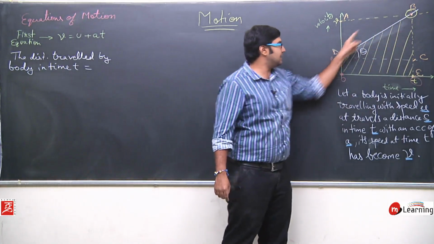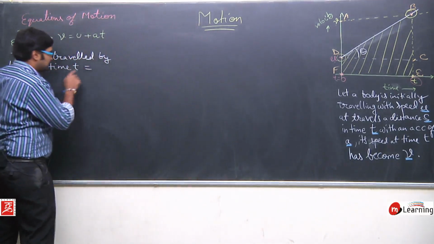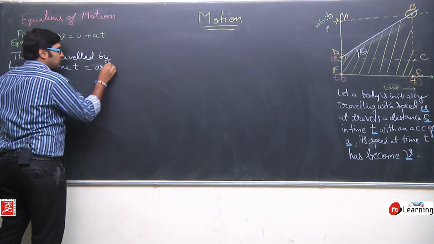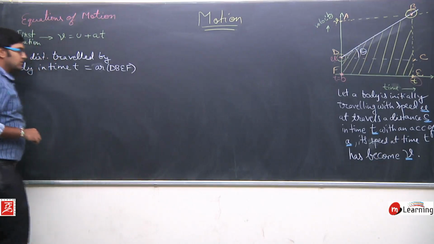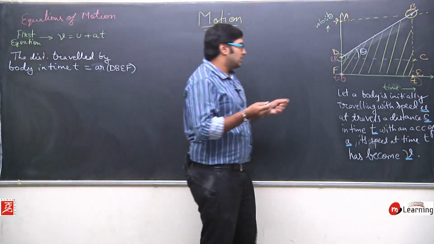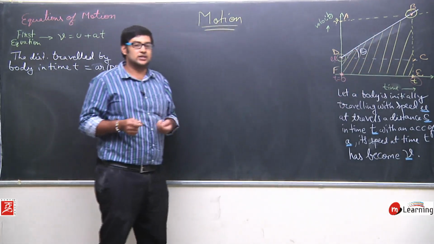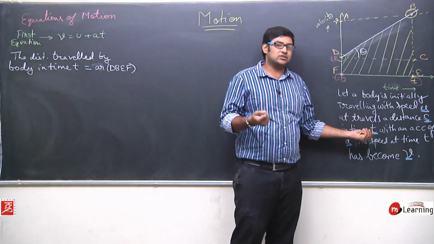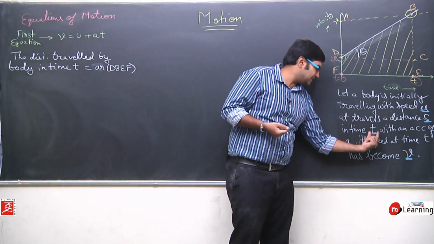This region is DBEF. So the distance traveled in this t time is the area of DBEF. Now we have seen that in the condition what we have assumed, during this t time the body has traveled s distance.